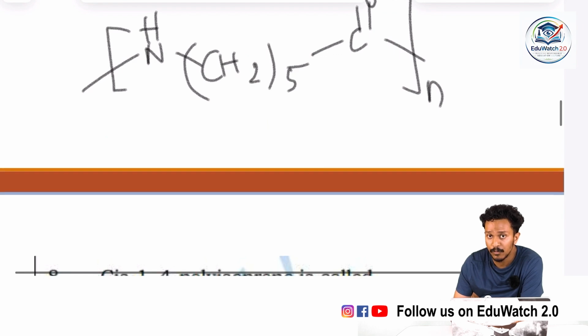This is nylon 6. You will be wondering what is nylon 6,6. It's actually a long chain polymer of adipic acid and hexamethylenediamine. So nylon 6 is the correct option for repeating 5 methylene groups.